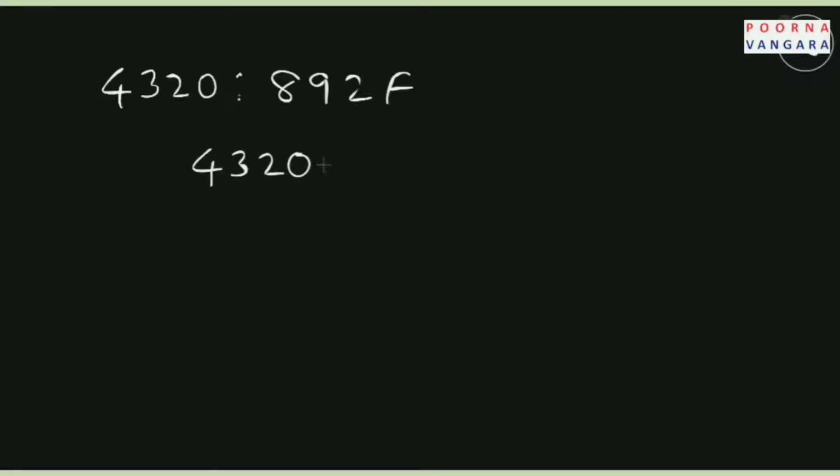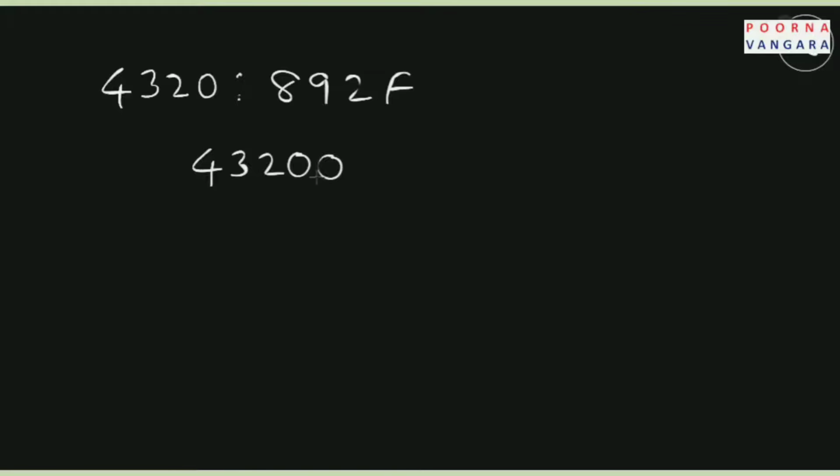In order to understand that, let us consider one more example: 4320:892F. Let us consider this is the logical representation of a physical address. In order to calculate the physical address, consider the segment address, and when you multiply it with 10h, you will get an extra 0 on the right side.